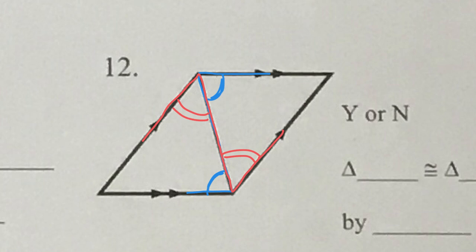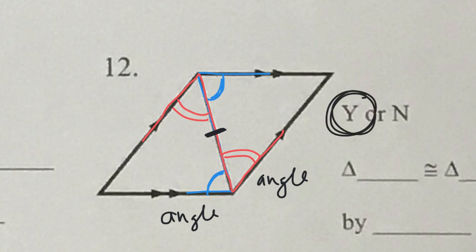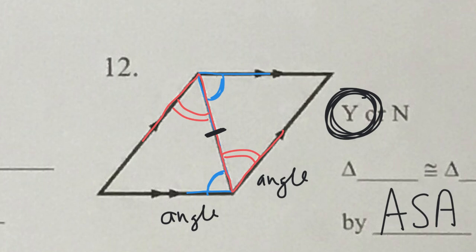Okay, so right now we have an angle and an angle that we've marked. And what else can we add to our picture? The reflexive side that goes down the middle. And this one doesn't have any letters, so we're not going to write a triangle congruence statement, apparently. But this is by angle, side, angle, because the side that is congruent is between your two angles that are congruent.